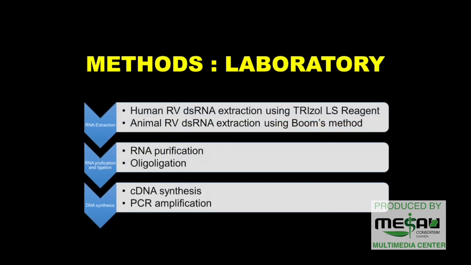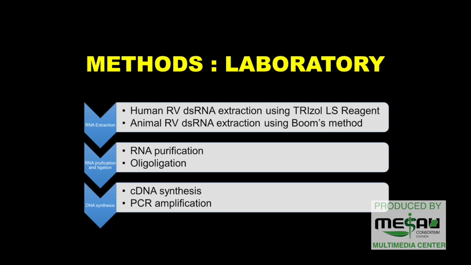For the laboratory methods, we extracted RNA from the stool samples of the humans and the animals. We used the TRIzol LS reagent to extract double-stranded RNA from the human samples, and we used the Boom method to extract double-stranded RNA from the animal samples.